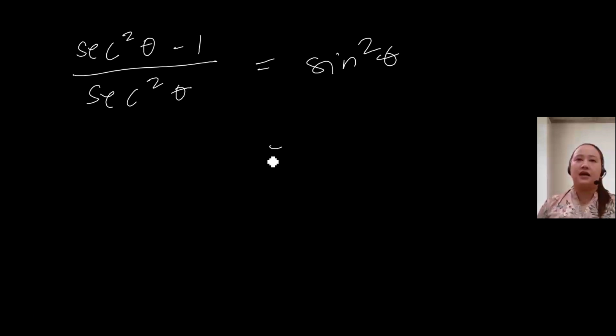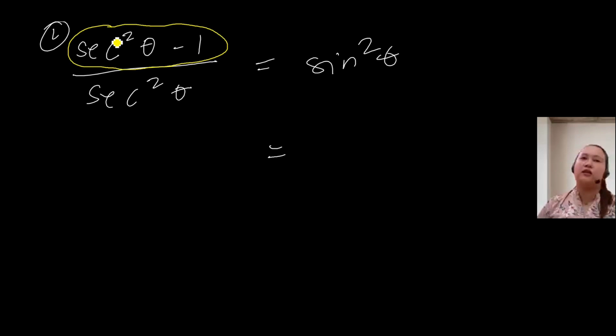So the left side seems complicated. In the numerator, if you notice, we have the secant squared, we have 1. This is somehow familiar. Remember the 1 plus tangent squared theta equals to secant squared theta.